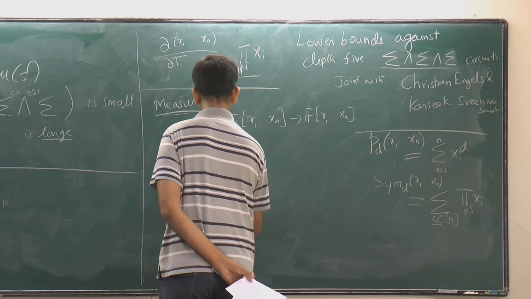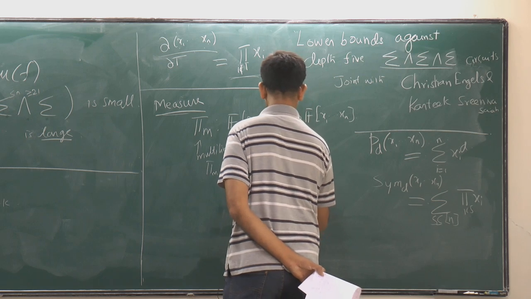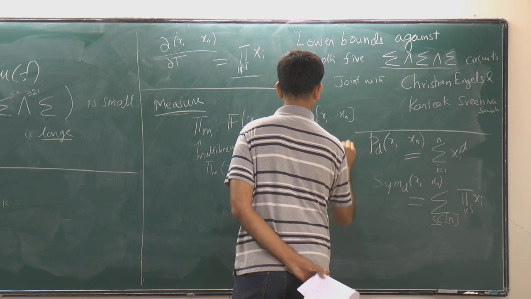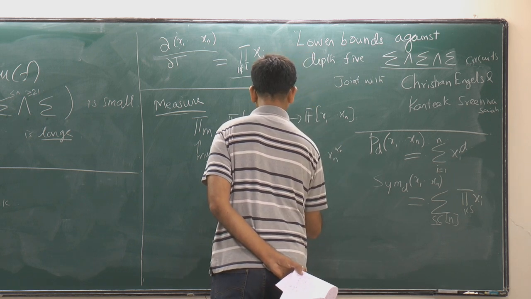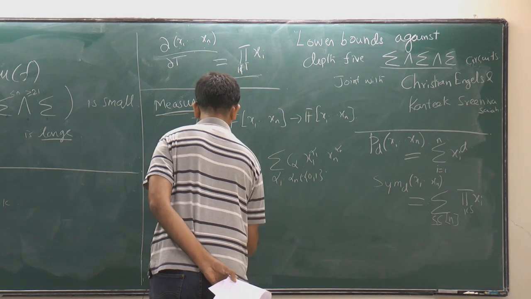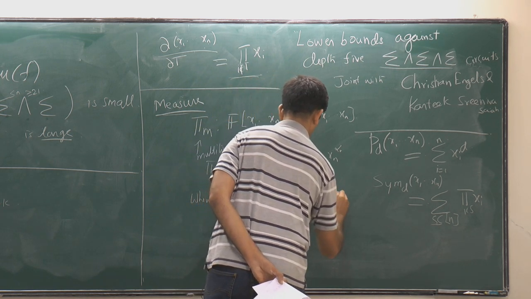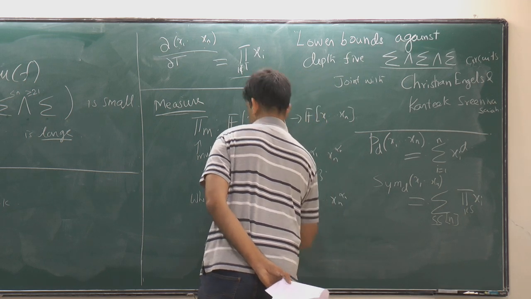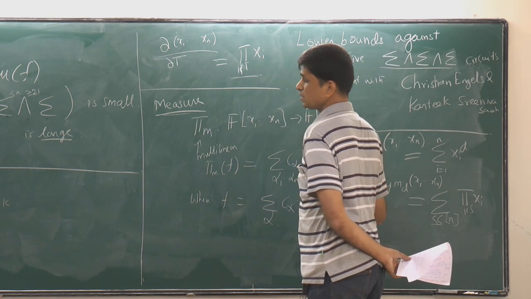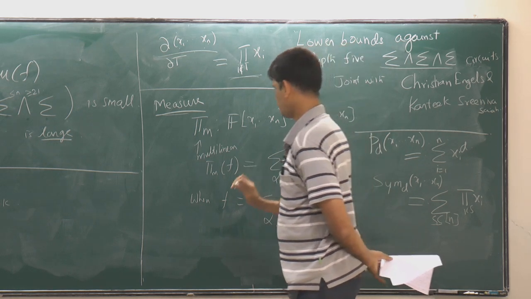So pi_m of f will be in fact the summation of c_alpha x1 to the alpha 1 etc. xn to the alpha n, where alpha 1 to alpha n are 0 or 1, if f were the summation of c_alpha x1 to the alpha 1 ... xn to the alpha n, for arbitrary alpha. Or in other words, you just look at the polynomial and consider only the multilinear monomials, the sum of those monomials with the respective coefficients. Okay.